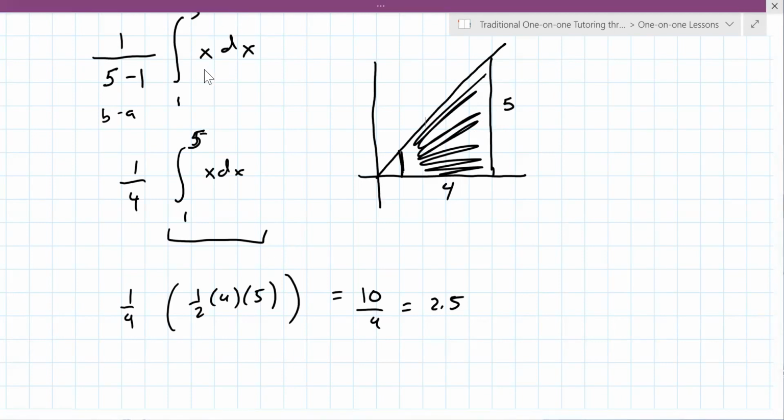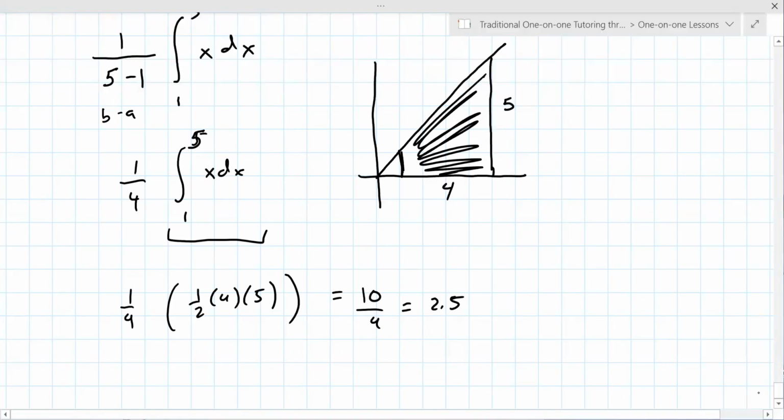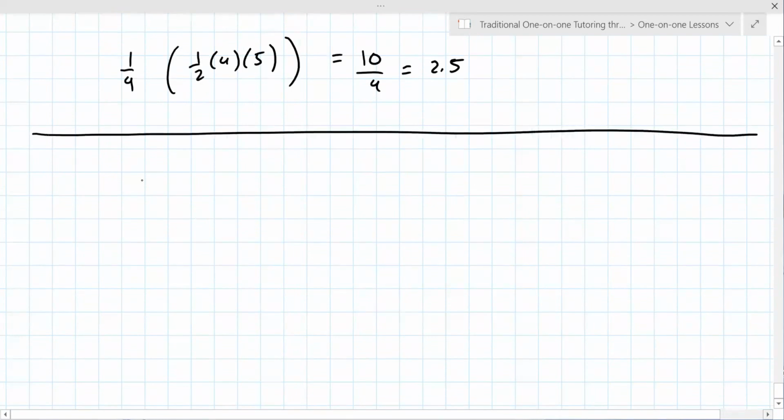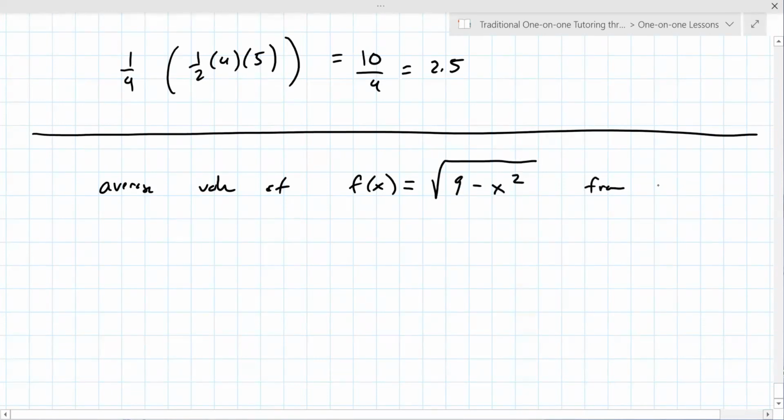Let's do another one of these. Let's do the average value of f of x equals square root of 9 minus x squared from -3 to 3.